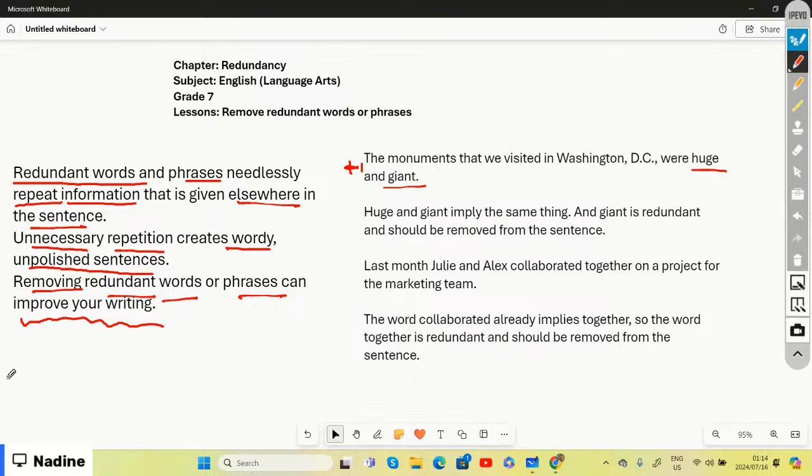All right, if we look at another example, it says: last month, Julie and Alex collaborated together on a project for the marketing team.